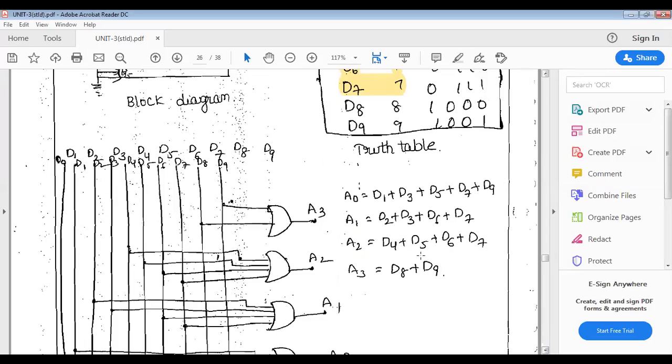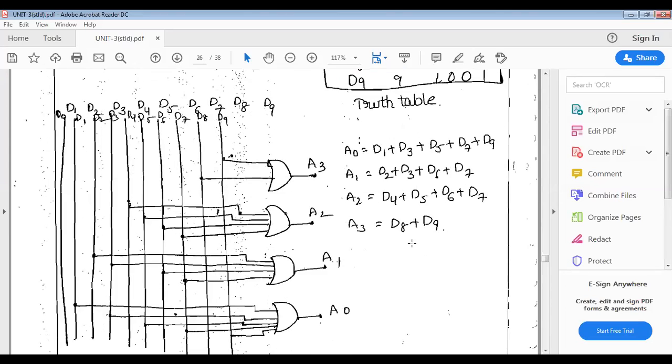Remaining we are not using because the output is having only the 4 bits, that is A0 to A3. To write the BCD of 10, the output in the form of BCD requires 5 bits. So I'm not using D10 to D15. They are connected to logic 0, that is, connected to the ground.